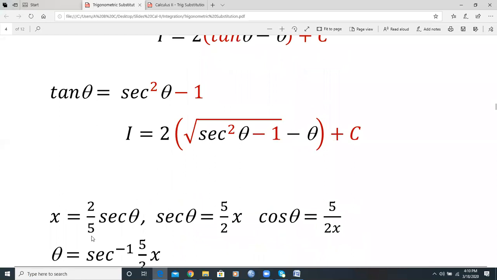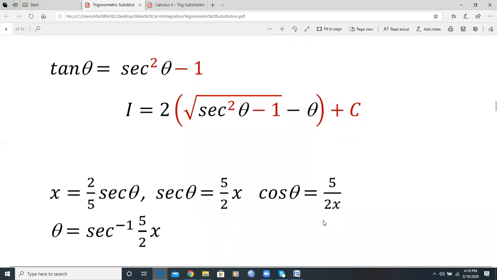As we assumed earlier, x is equal to 2 over 5 sec theta. So therefore sec theta becomes 5 over 2x. So we will replace this sec theta by 5 over 2x. And from here theta is equal to sec inverse 5 over 2x, or we can write theta is equal to cos inverse 2x over 5.